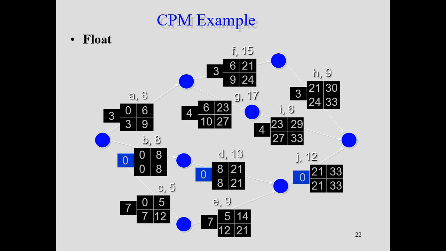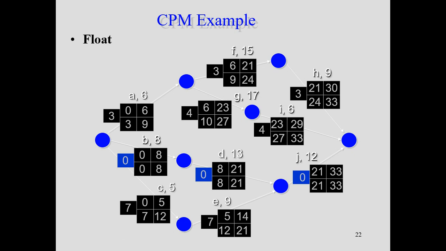So in this example, we can find that 33 minus 30 will give you 3, or 24 minus 21 will give you 3. So we take the difference along the vertical line, which means 24 minus 21, 33 minus 30, 24 minus 21, 27 minus 23, 21 minus 21, 21 minus 14, and so on. That part is normally called float.